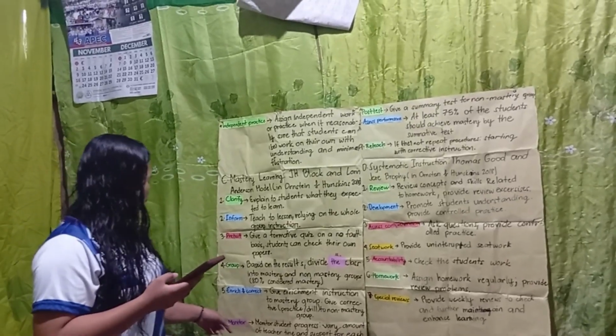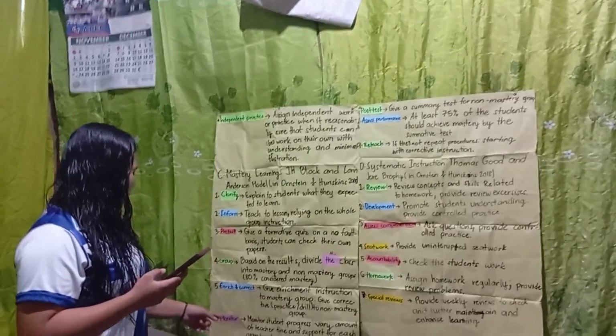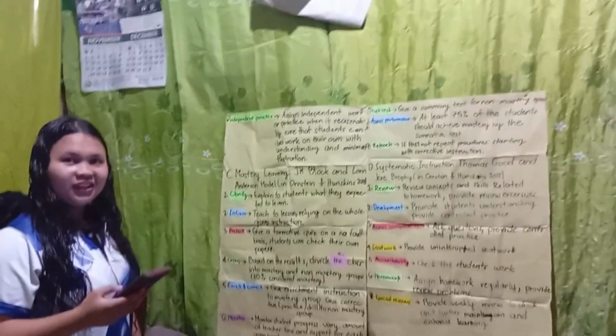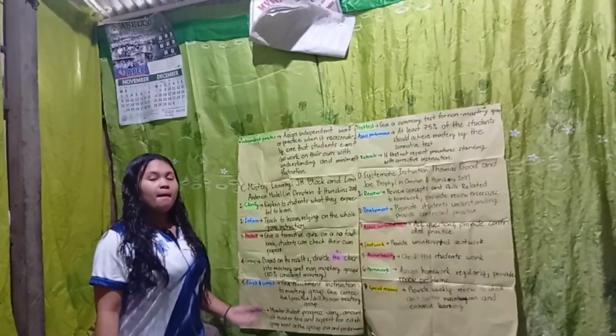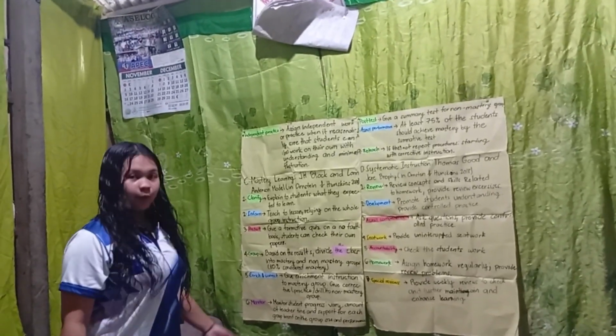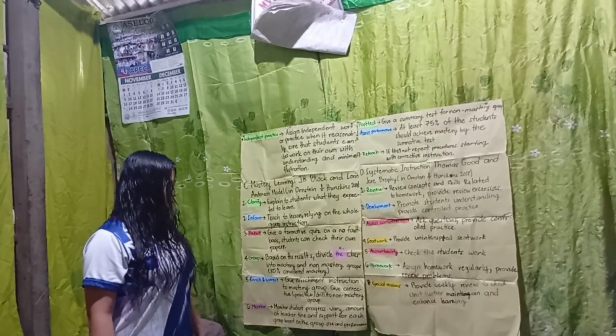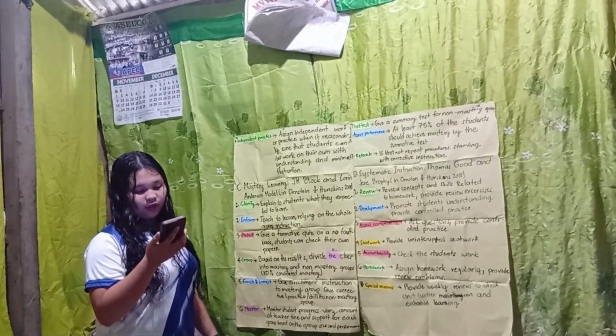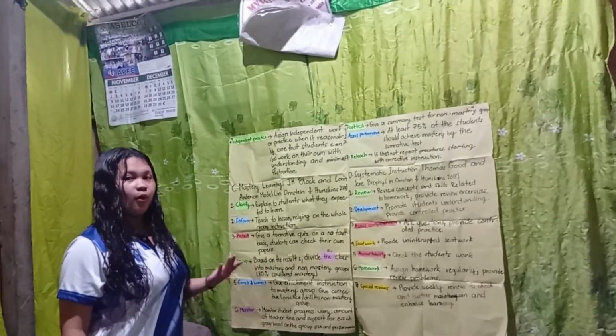And then monitor student progress: vary the amount of teacher time and support for each group based on group size and performance. So we say that the teacher actively monitors student progress in both groups.